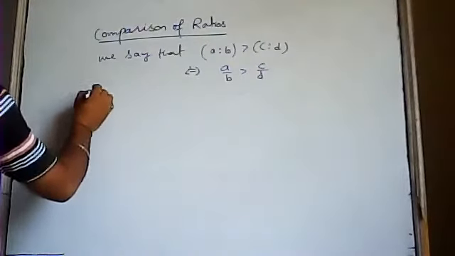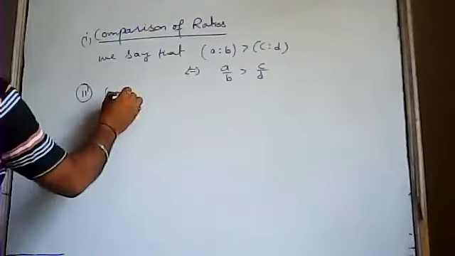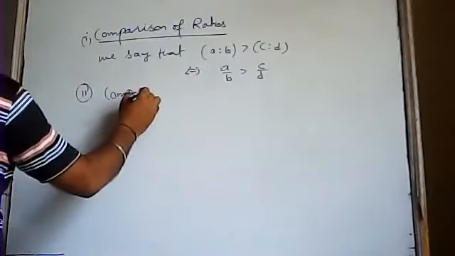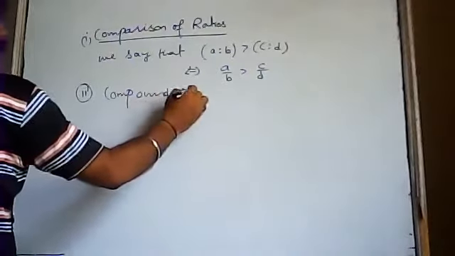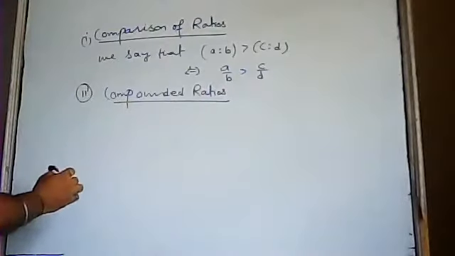Compounded ratios. Give it number 1. Second one is compounded ratios.